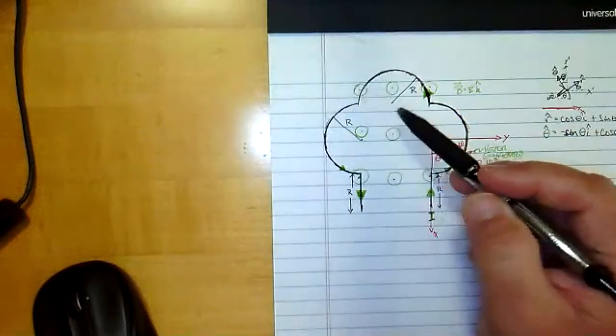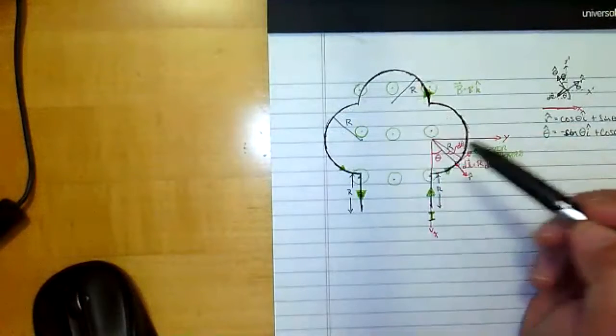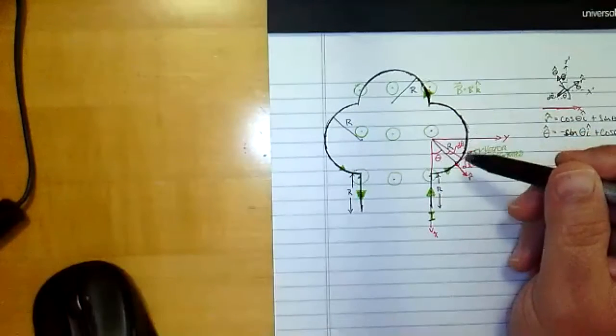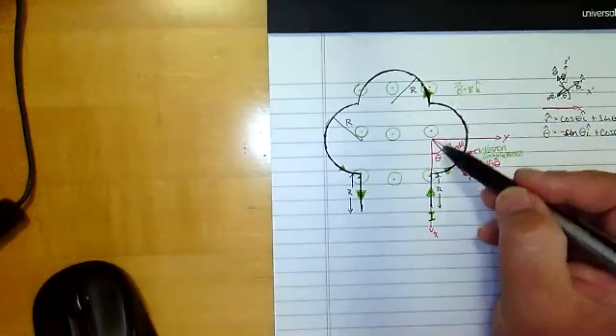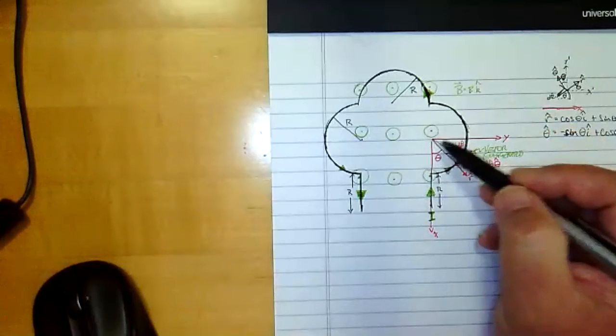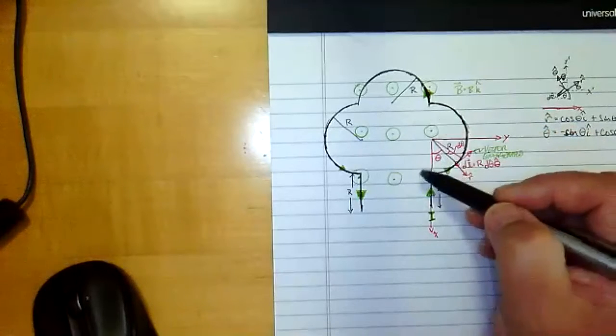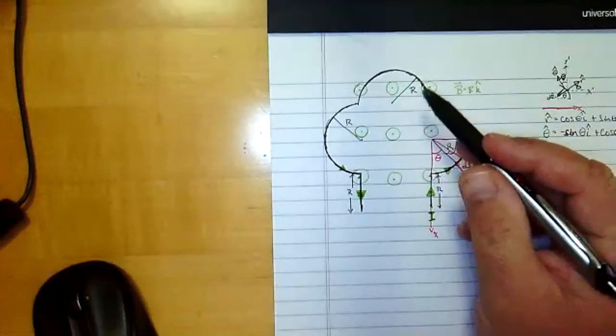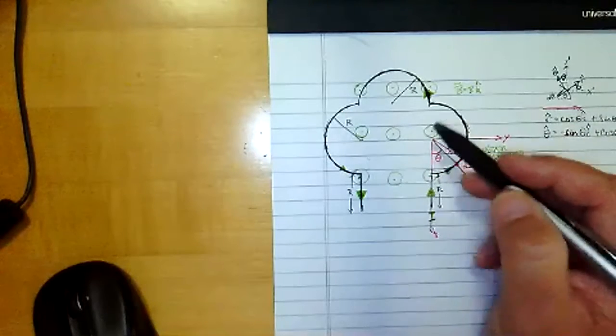The magnetic field is represented by these little green circles with dots in them. Remember, a circle with a dot in the middle means it's coming out. I've created, just for this particular part of the problem, a coordinate system that helps, because we're going to get a result here that's the same as what you'll get here, and the same as what you'll get here.